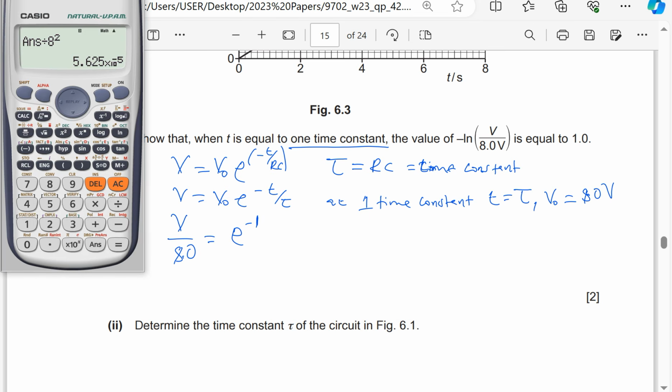And when I press my calculator to say 8 times e to the power negative 1. No, I think this is wrong mathematics. I have to introduce ln.